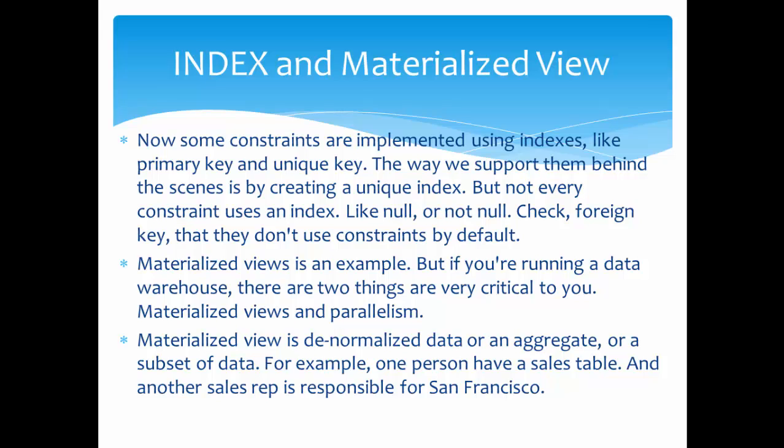But not every constraint uses an index, like null or not null, check, foreign key; they don't use indexes by default. If you're running a data warehouse, there are two things that are very critical to you: materialized views and parallelism.